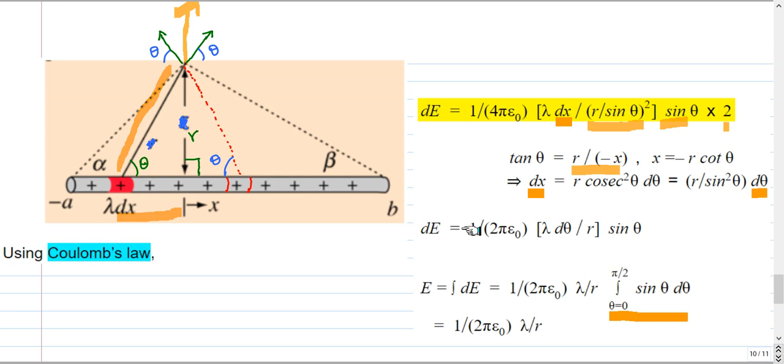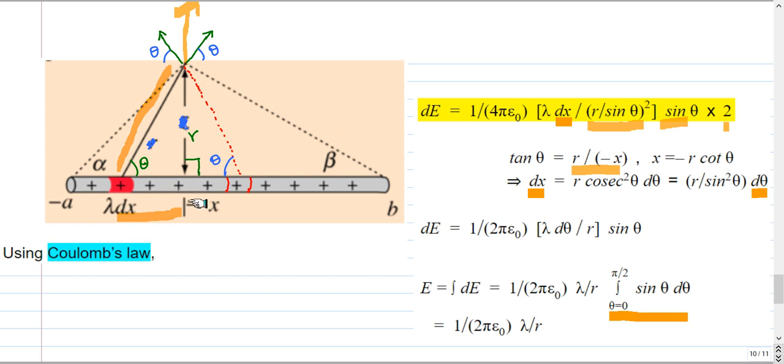Using that here, we get dE as 1 by 2 pi epsilon naught lambda d theta by r into sin theta. Now the variable of integration is theta. To cover this entire line charge, we have to travel from x equal to minus infinity to x equal to 0.